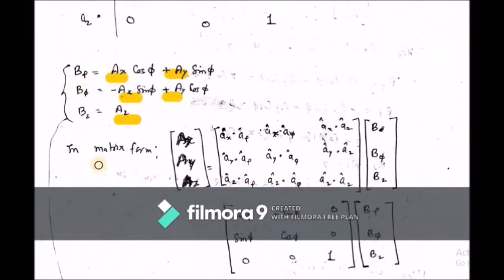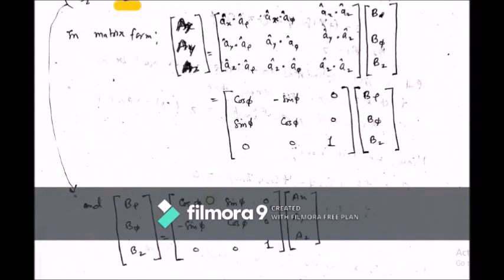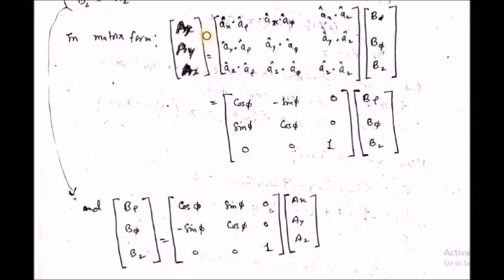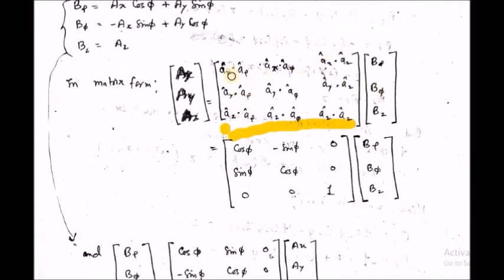So this can be written like a matrix here, and in general we can transform one coordinate system to another using a transformation matrix, which I can write like this. Here I have written it. So here what actually I am doing, I am transforming a circular cylindrical coordinate system rho phi z to a rectangular coordinate system x y z.